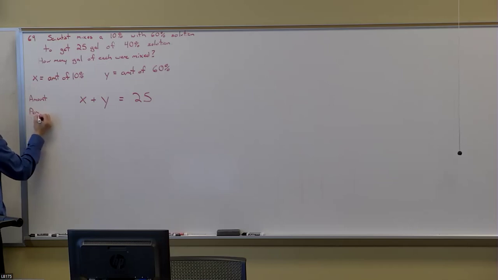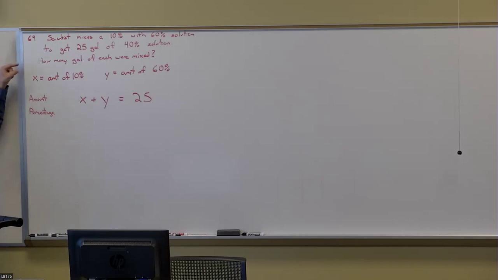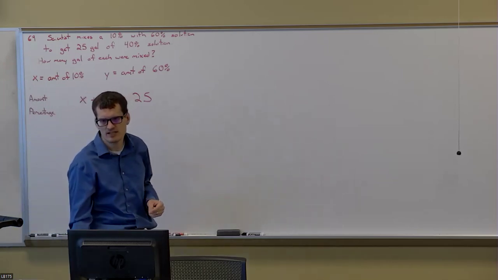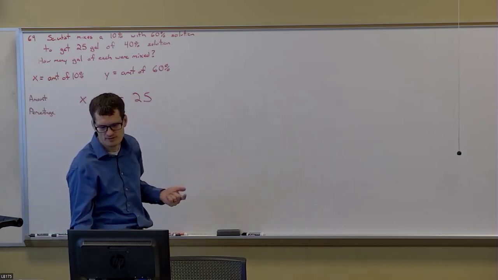My second equation is going to be the percentage equation, or how much saline is in this. It was saline, right? Okay, saline. If it was acid, it'd be acid. If it was saline, it's saline. No big deal.